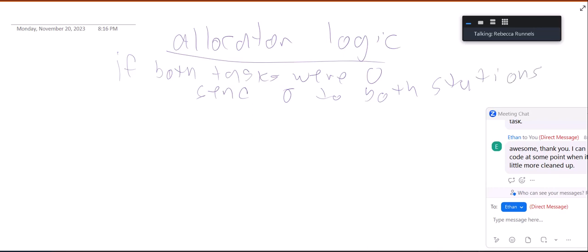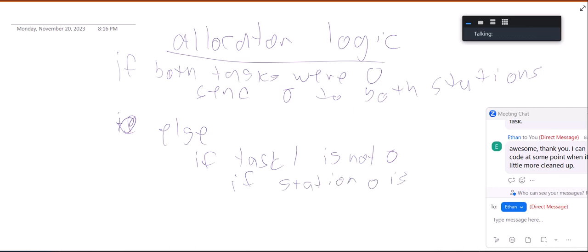Seems easy enough. Okay, then else, so if they're not both 0, at least one of them is not 0. So else, if task 1 is not 0, then if station 0 is ready, I'm not going to write this.